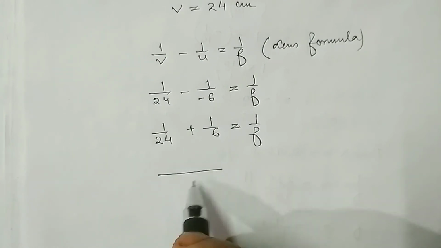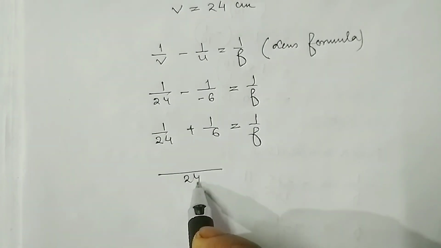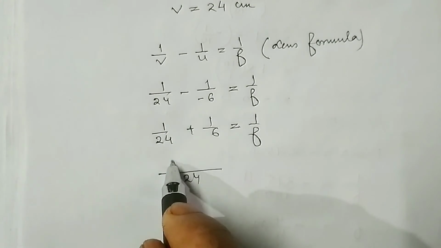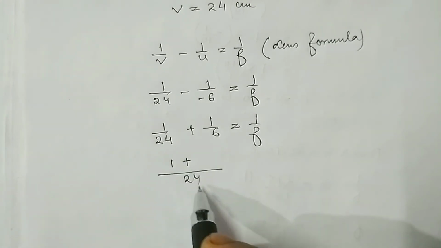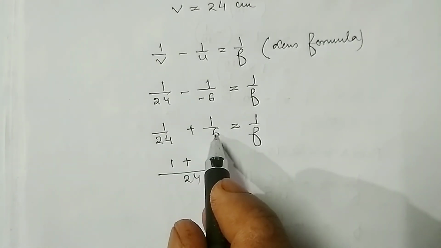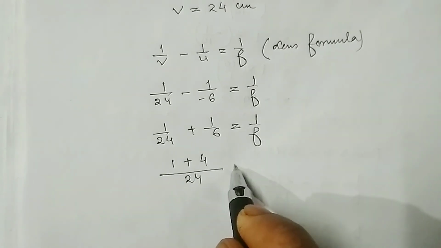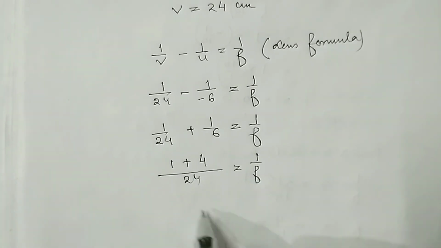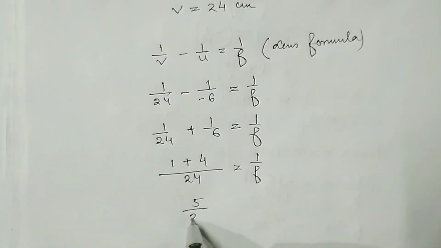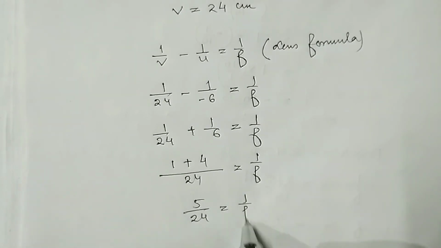LCM of 24 and 6 is 24. 24 divided by 24 is 1, plus 24 divided by 6 is 4. 4 plus 1 is 5, so 5 by 24 equals 1 by f.